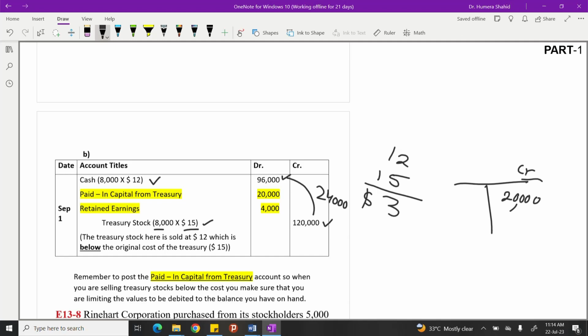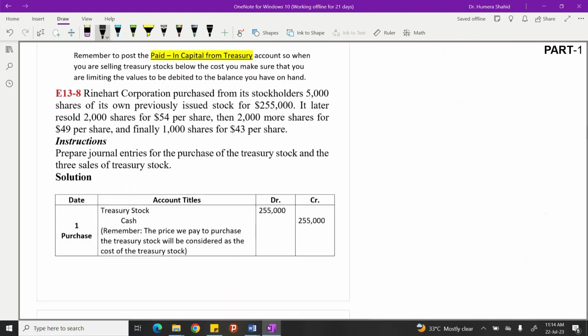So I cannot debit it with 24,000, I can debit it only with 20,000. So I debited paid in capital from treasury stock with 20,000. I still have a shortage of 4,000, so I will debit retained earnings with this 4,000. I hope now the treasury stock transactions are clear.